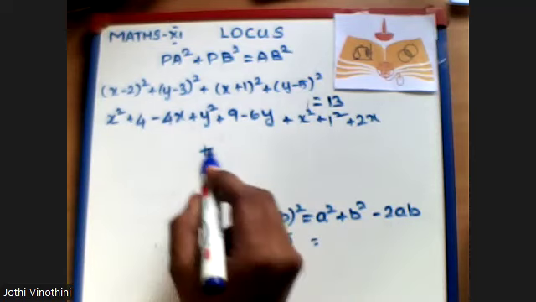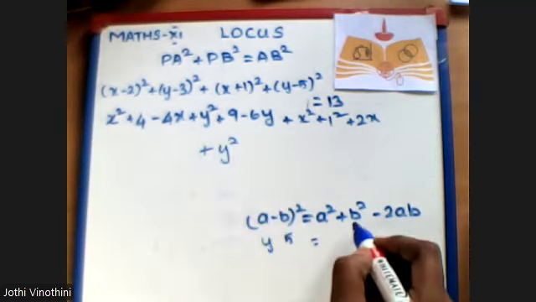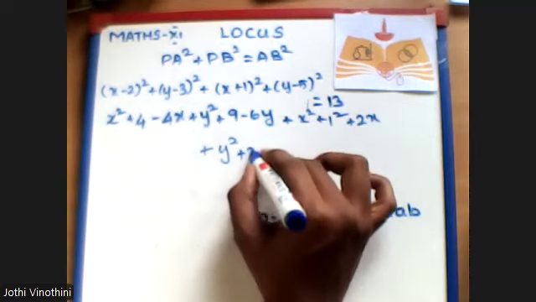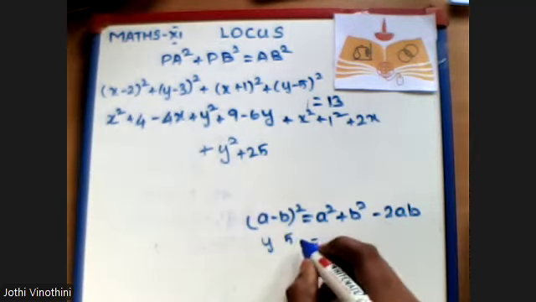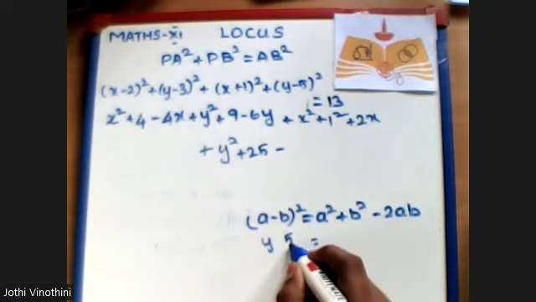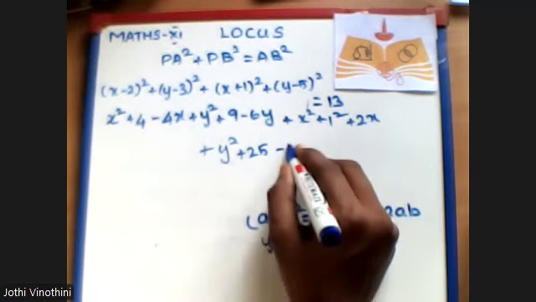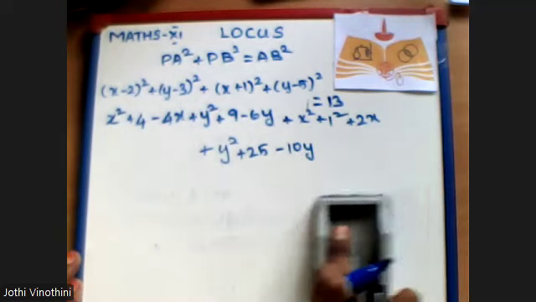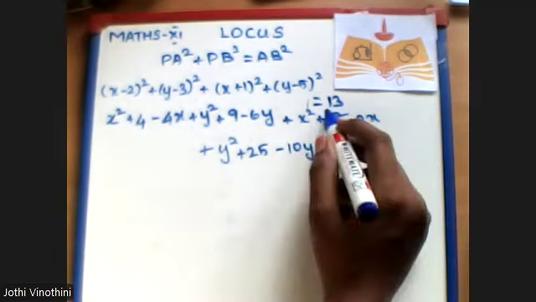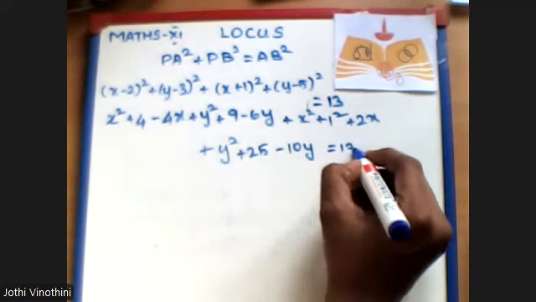So it will equal y squared plus 5 squared will be plus 25 and minus 2ab. So minus 2 5s are 10y. So it will be 10y. Right? Which is equals to 13. Right?